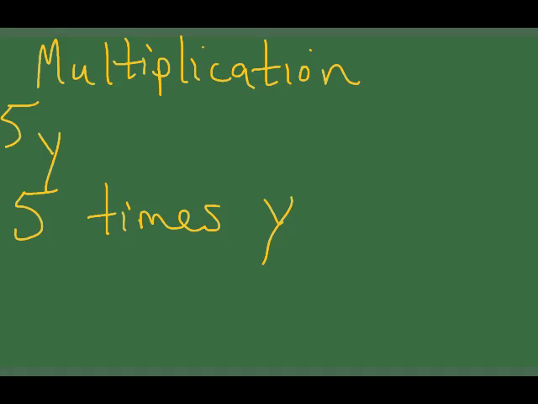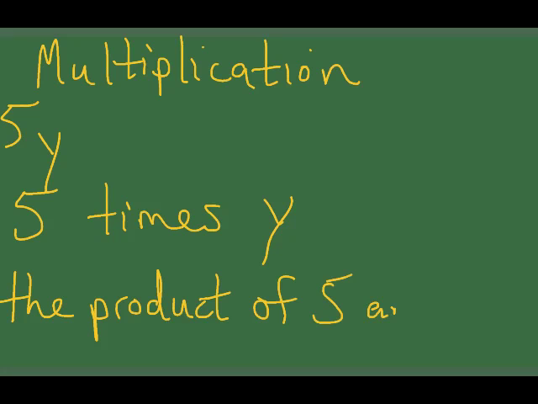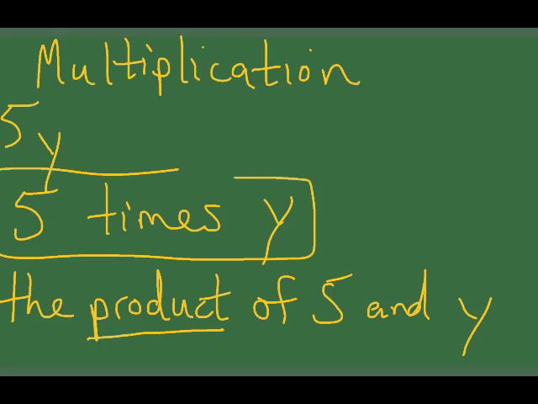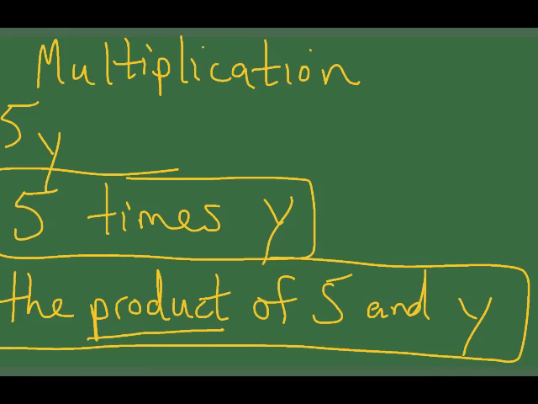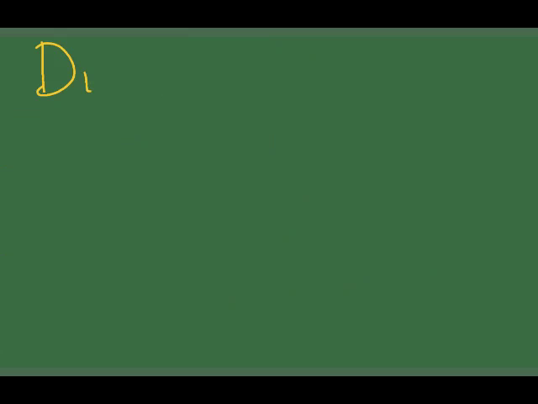The other option is the product of 5 and y. We're going to use all these words that talk about the answer of each kind of operation. You'll remember that product goes with multiplication. So one good option is 5 times y, and the other is the product of 5 and y. That's going from a variable expression into a word phrase. We got 2 good options there. So that's multiplication.